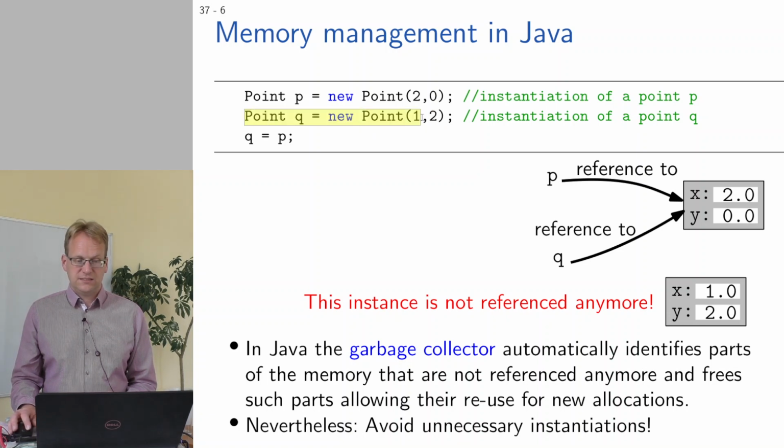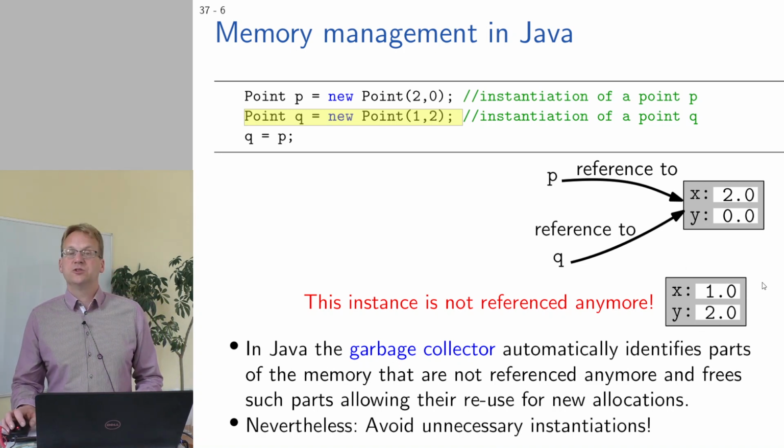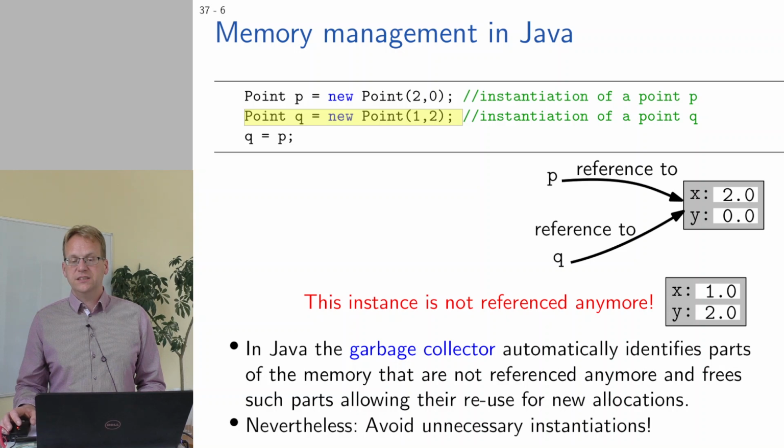You could just skip this line of code, and thereby you would avoid the allocation of this memory. Also, the garbage collector would have less to do. It would be an increase in efficiency. So avoid such unnecessary instantiations if possible.